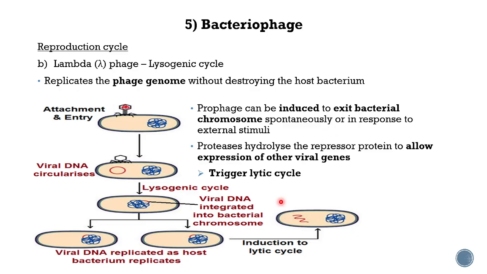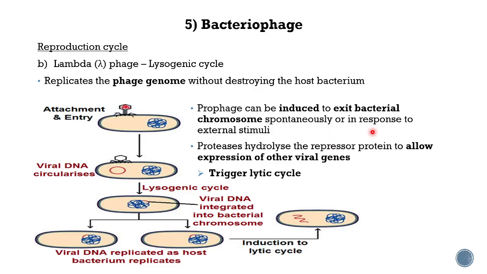If not, once the bacterial cell dies, the prophage, the viral DNA, will be gone together with the dead bacterial cell. So before the bacterial cell dies, the virus wants to reproduce and create more viruses that will leave the bacterial cell before it dies.